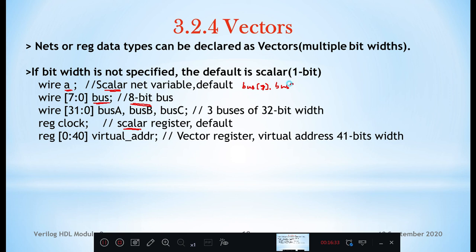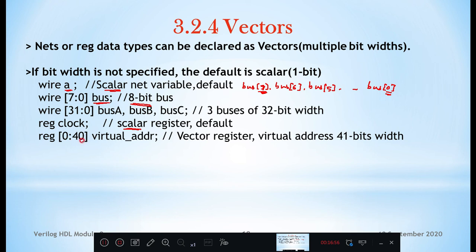Similarly bus 6, if I want to access it individually, I have to access like this. Bus 5 and so on, bus 0. So here 8 bits are there, bus 7 to bus 0. In that, bus 7 represents MSB, 0 represents LSB.